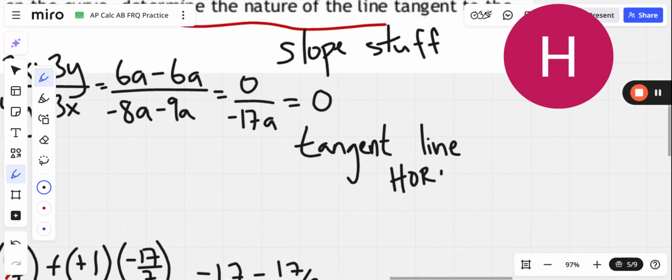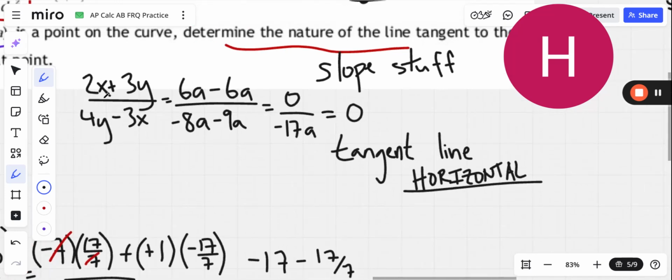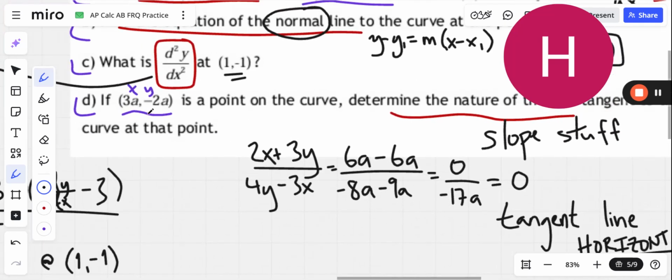So that's the nature of the tangent line. It's horizontal. We don't have an actual value for what that point is, but if we had some a value such that 3a comma negative 2a is on the curve, then it will be a flat point.